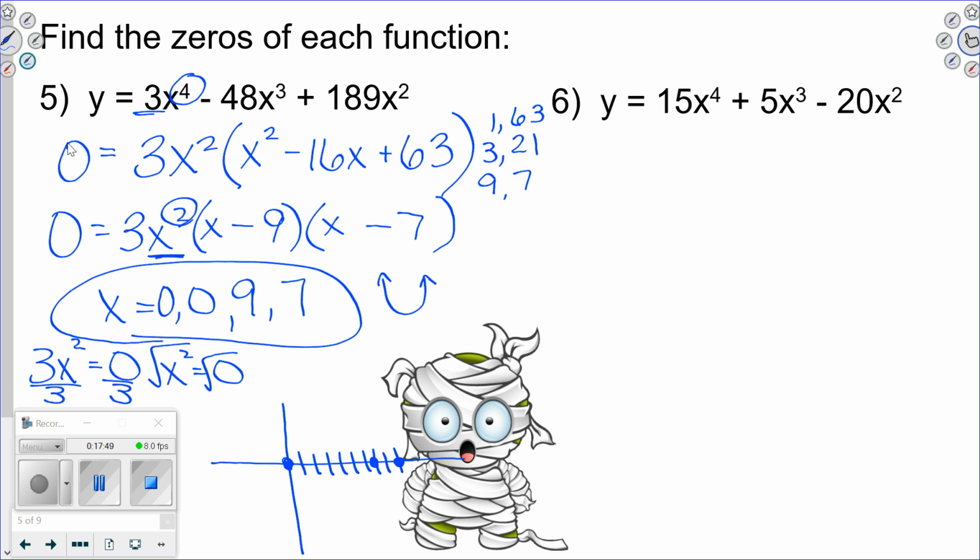It bounces off 0 and comes back. It didn't actually cross through it. And that happened because 0 was an answer twice. If it shows up twice, it bounces. It doesn't actually cross it. It just bounces off of it and comes back up.